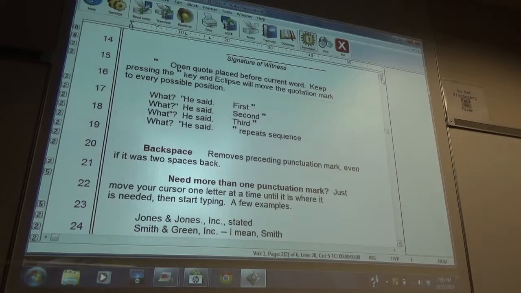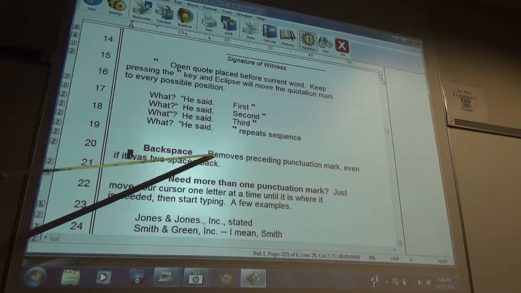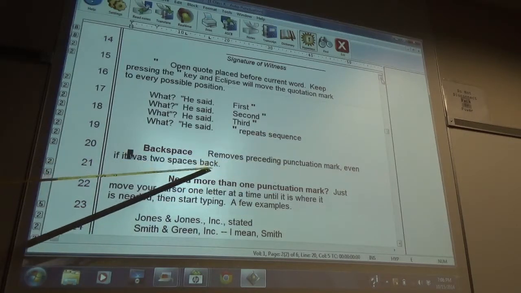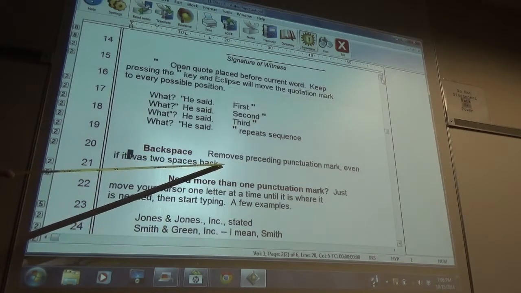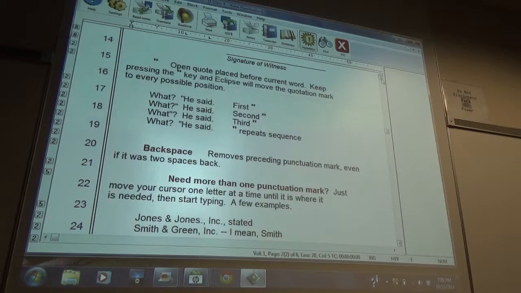Or you can just come here, push shift quote, it puts the one right there, and then go through and put it at the end, push shift quote, and it puts a quote there. However you want to do it is fine. It's up to you. But the easy way is marking it and pressing shift quote, and it'll put it at the end of the thing that you just marked. Okay?